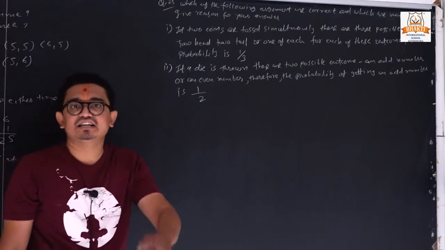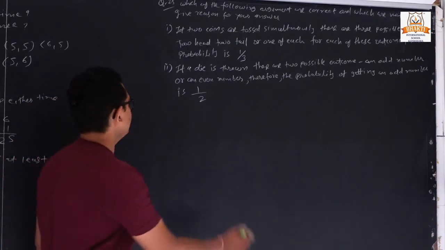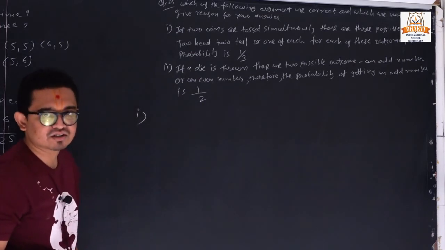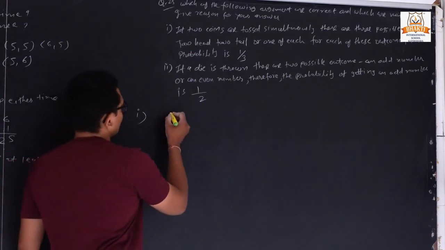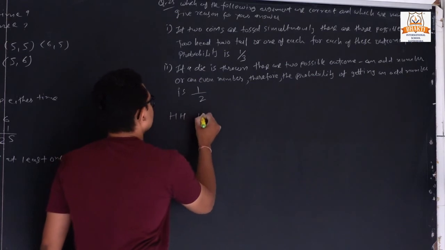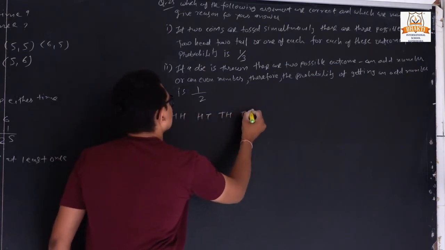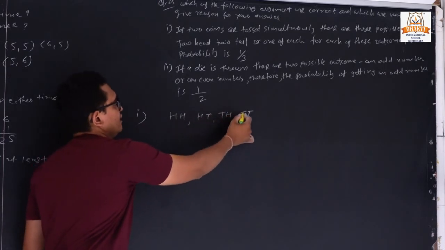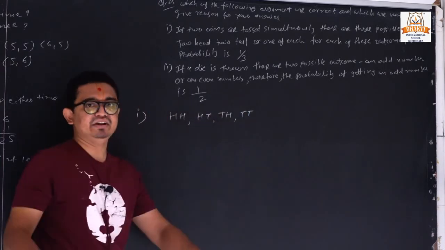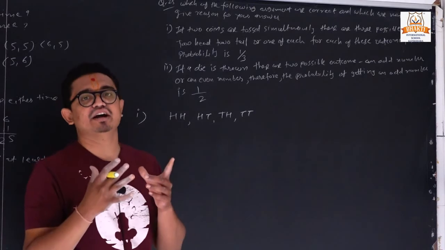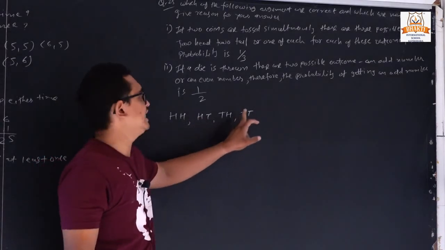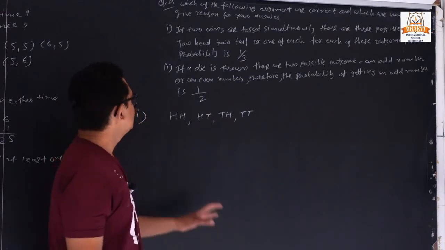If we are tossing the coin 2 times, first of all we can find the answer for the first. How many total outcomes do we have? 4: head head, head tail, tail head, or tail tail. So we have the 4 possible outcomes: 1, 2, 3 and 4.